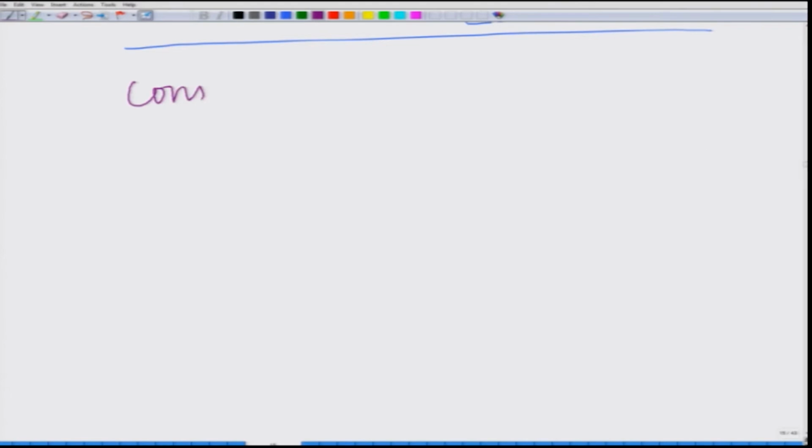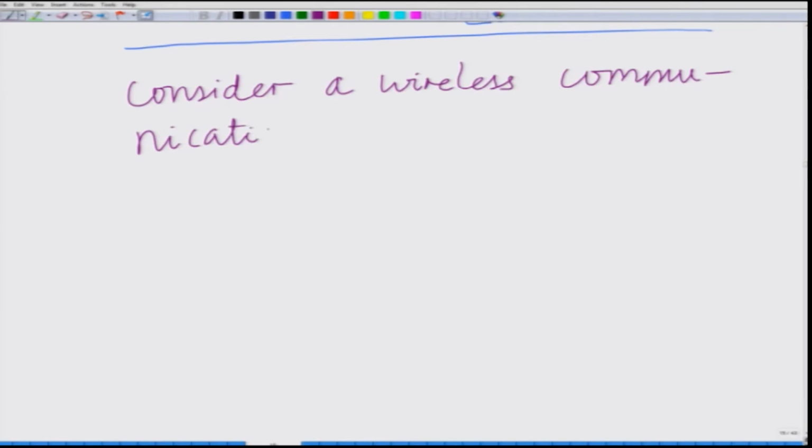Consider a wireless communication scenario.